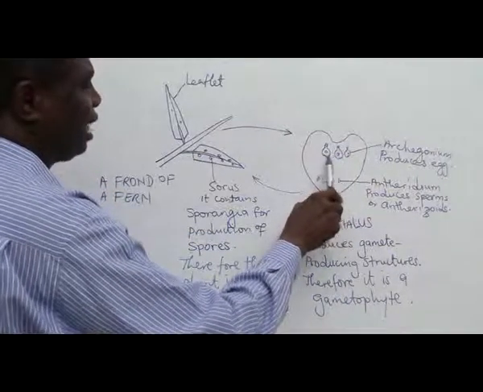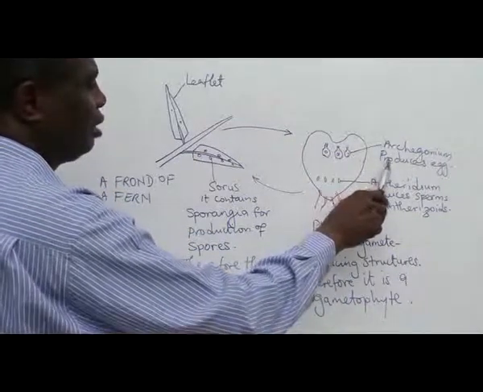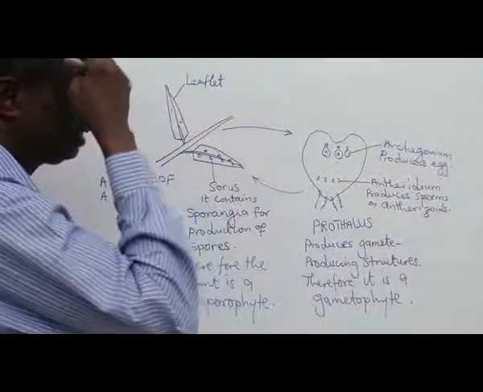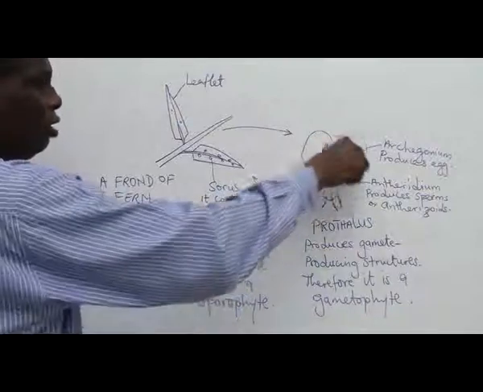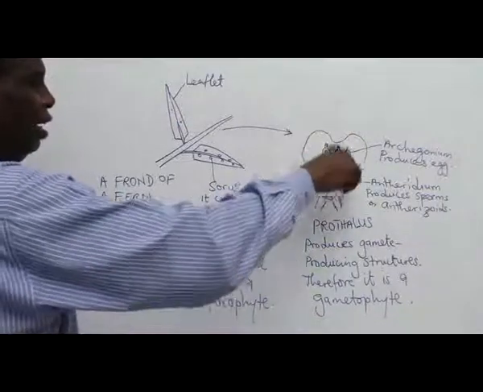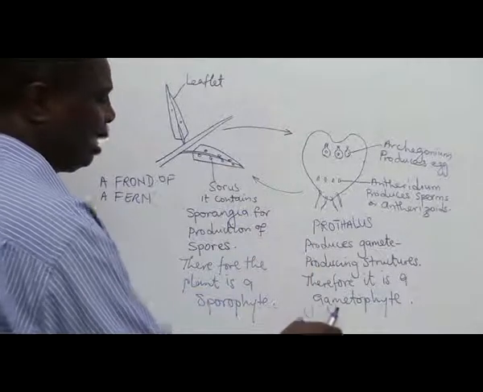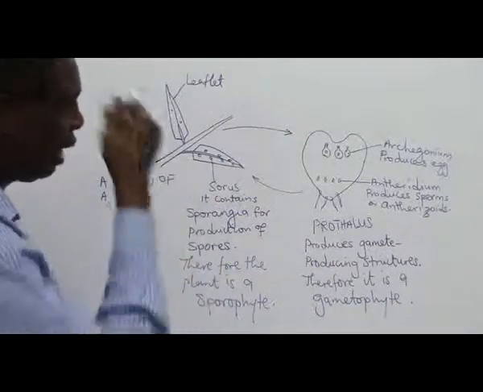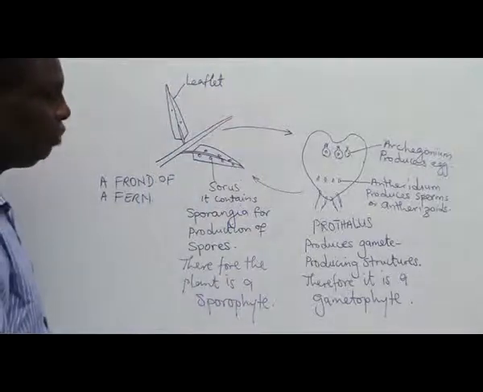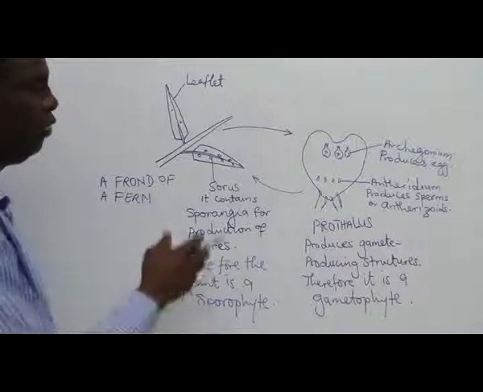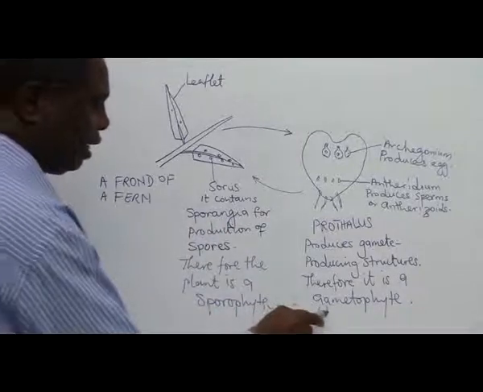And each of these archegonia produces an egg. Egg is a sex cell, it's a gamete. Because this structure is producing gametes, the structure is regarded as the gametophyte. So when you look at a full plant, it is the flower that produces gametes. So if the flower is producing gametes, it's a gametophyte.